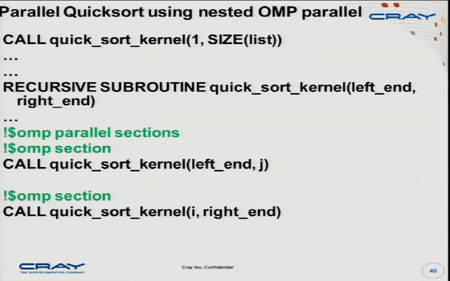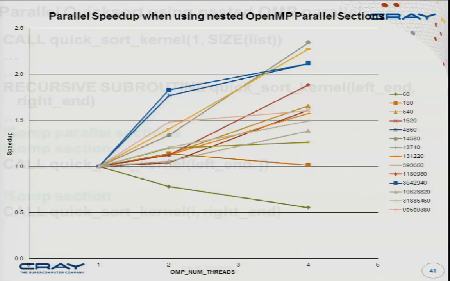If I had nested parallelism, then this is called once, and each of these is recursively called again, and then another sections construct can split it again. And so if I had a 2 by 2, for example, nested parallelism, by the time I'm 2 levels deep, all four threads are occupied. But as I keep on going deeper than that, it's going to be ignored, and those 4 threads are now fixed.